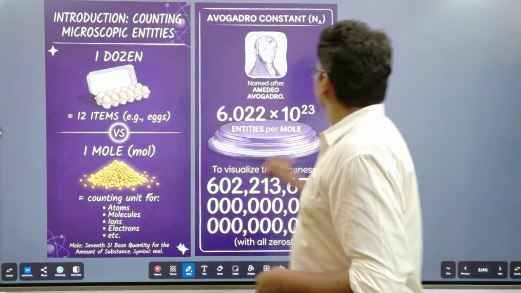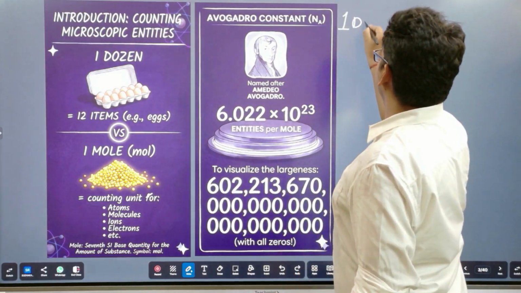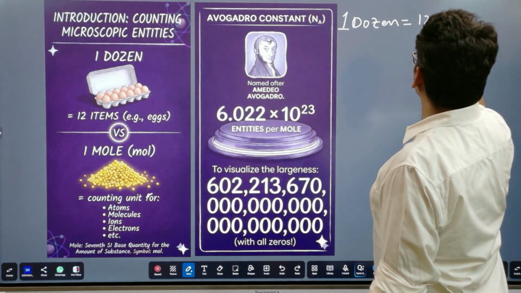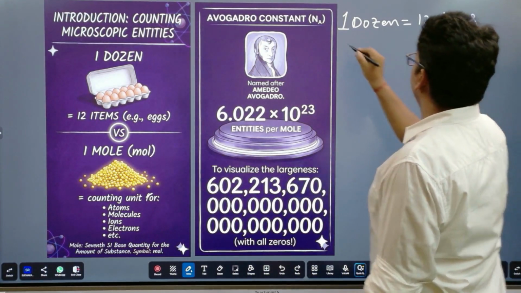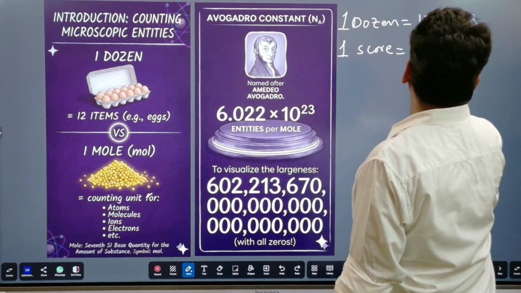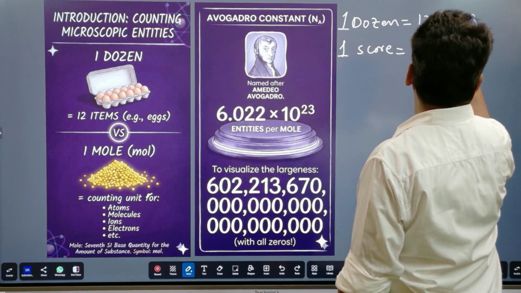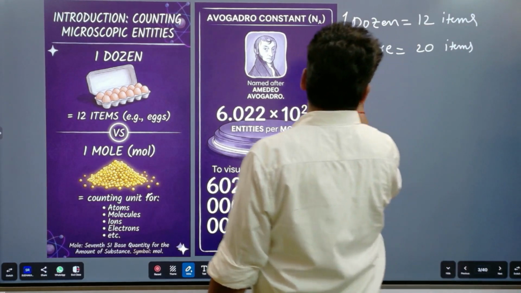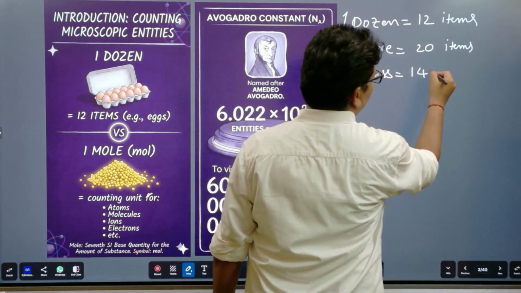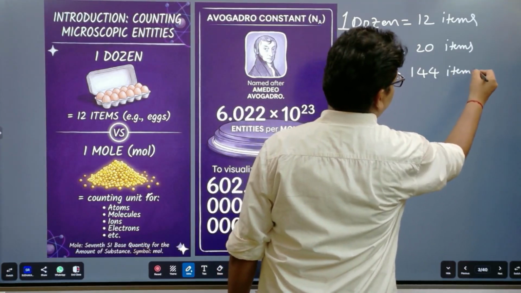It's like dozen. So 1 dozen, dozen is a counting unit. 1 dozen means 12 items, and 1 score means 20 items, and 1 gross means 144 items.